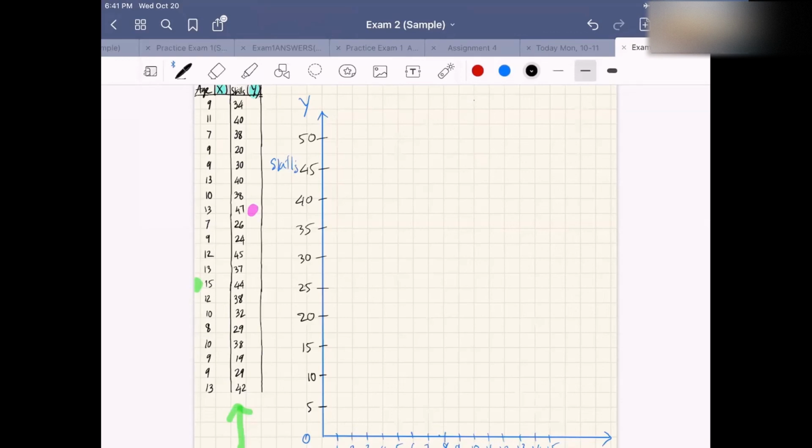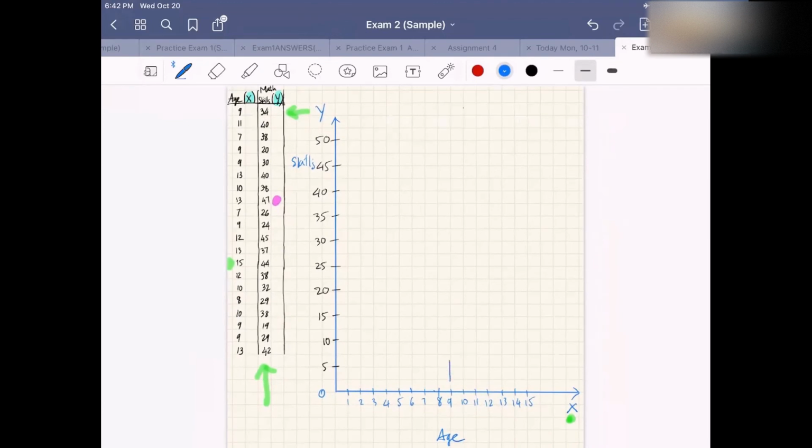And you can see that we already organized the data really nicely. I'm gonna just plot a few points for you guys, and then I'm gonna have you guys do the rest, okay? Because I'm sure that you've done this before. So let's start with the first one. The first pair here is 9, 34. So 9 is the X, right? So you look for the 9.